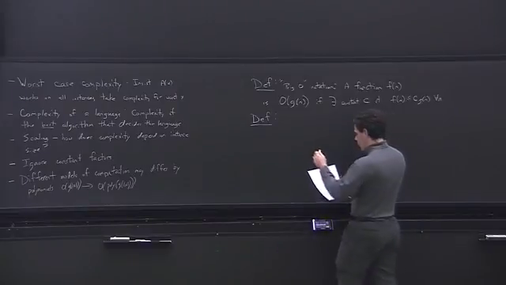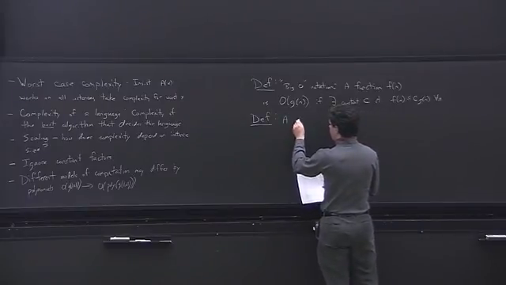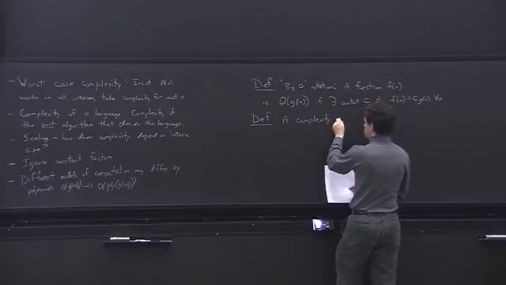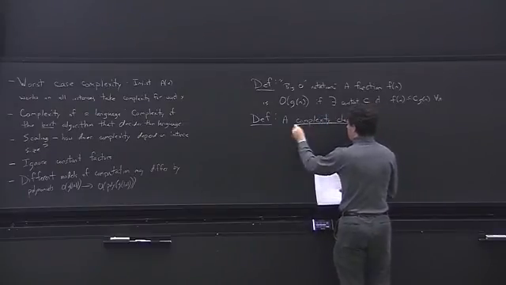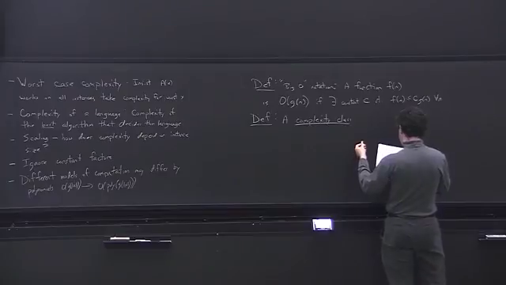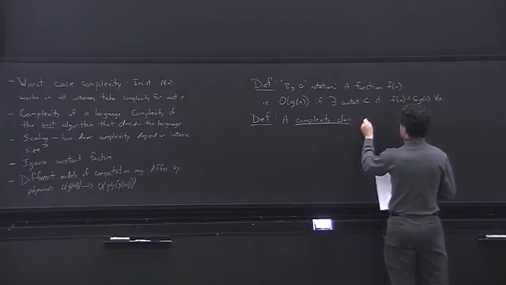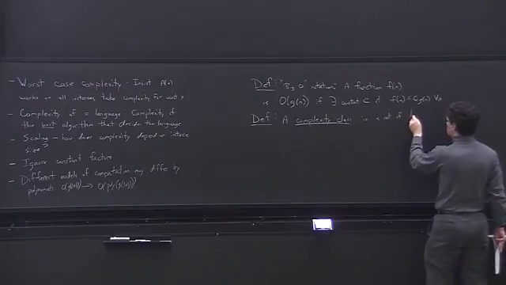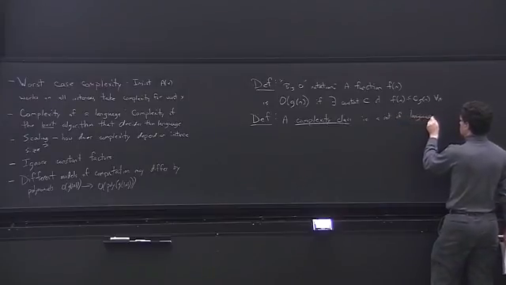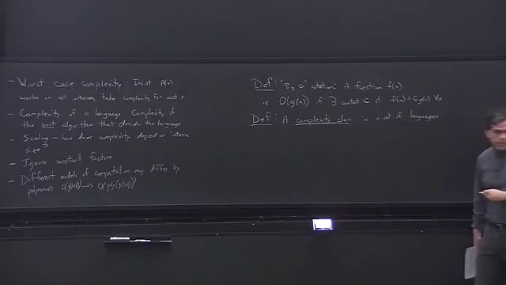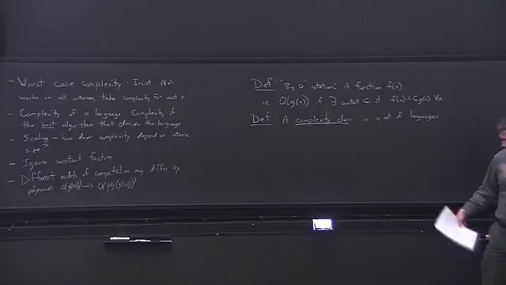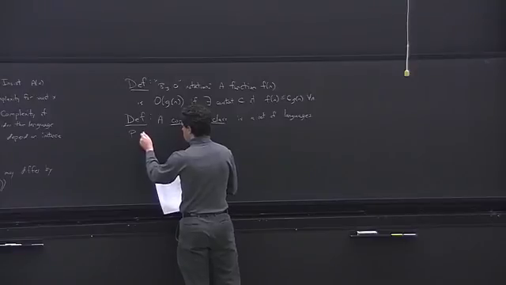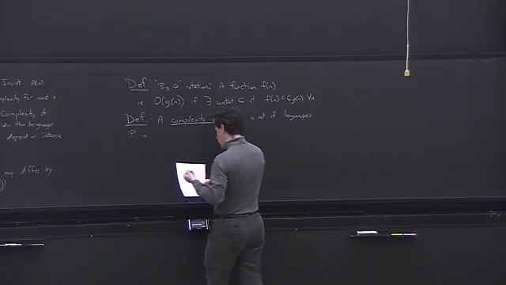So the definition of a complexity class is simply a set of languages. But one particular very interesting example of a complexity class is P, which stands for polynomial.